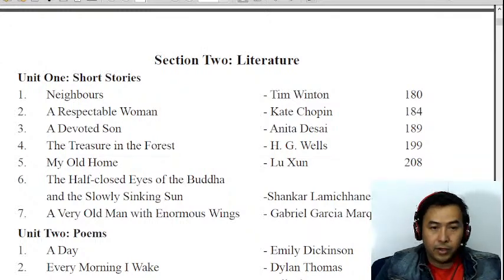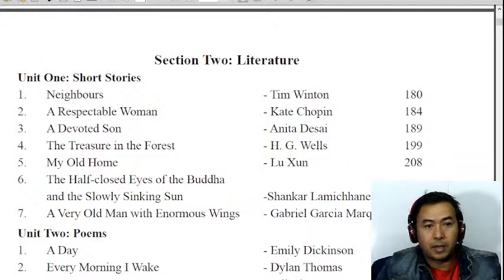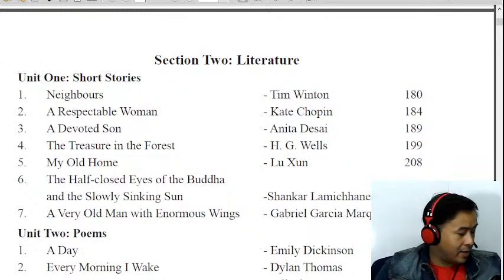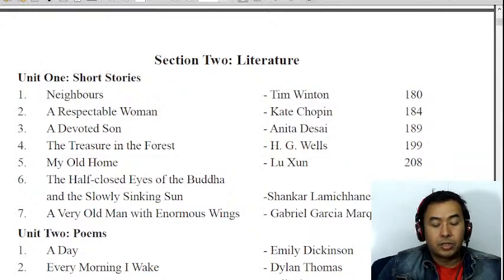The second section is very important, and most colleges teach this part very seriously, in depth and in a broad manner, so you need to understand each and everything. As in grade 11, section 2 is the literature portion, where we have seven stories as the first genre.